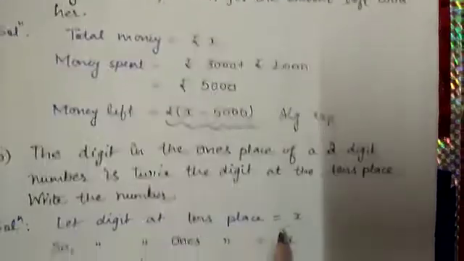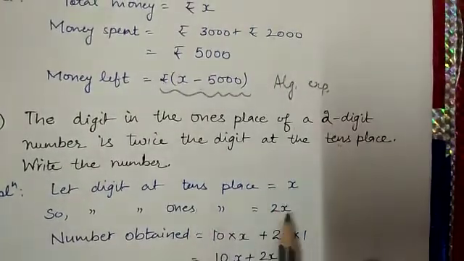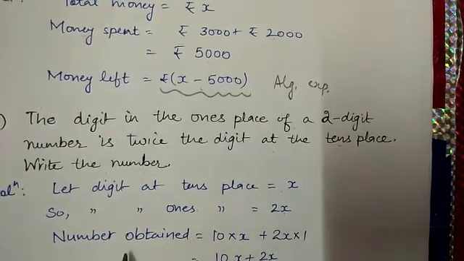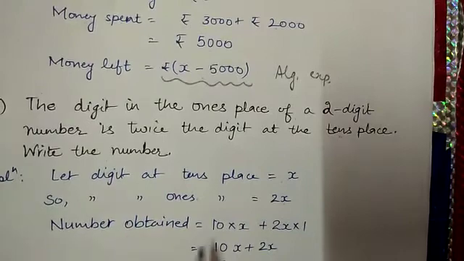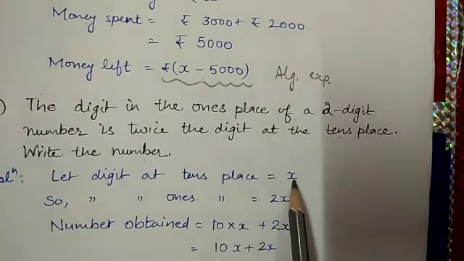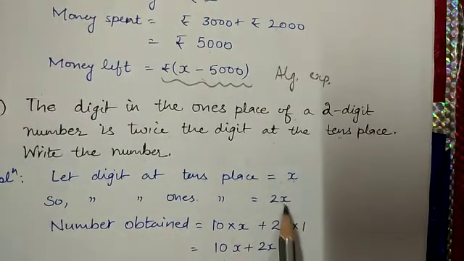So if we are taking our tens place as X, then the ones place will be double of this, that is 2x. And to get the number obtained, we will write 10 multiplied by the digit at the tens place and 1 multiplied by the digit at the ones place.